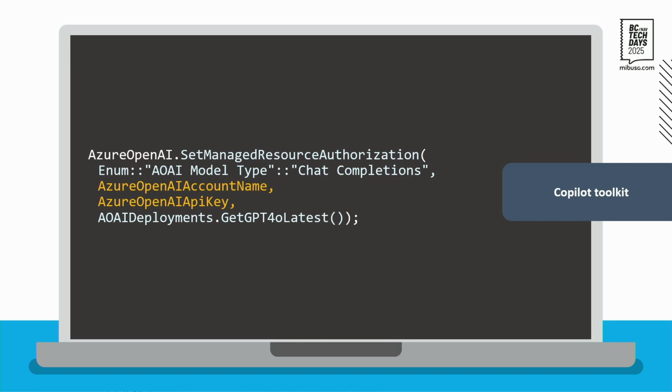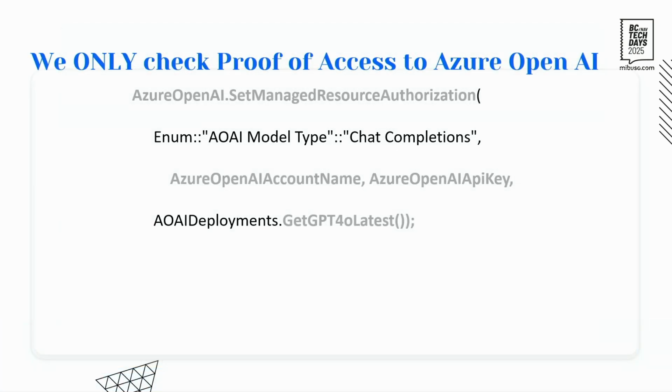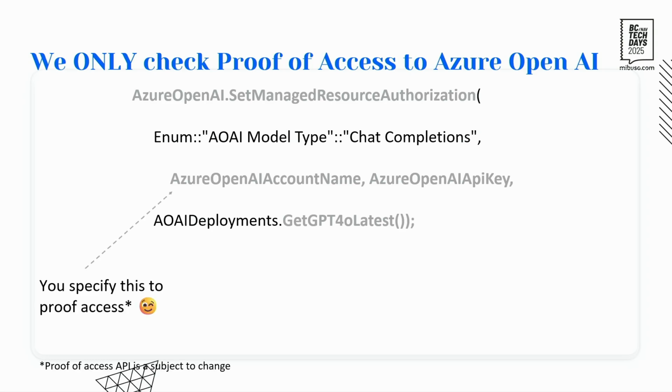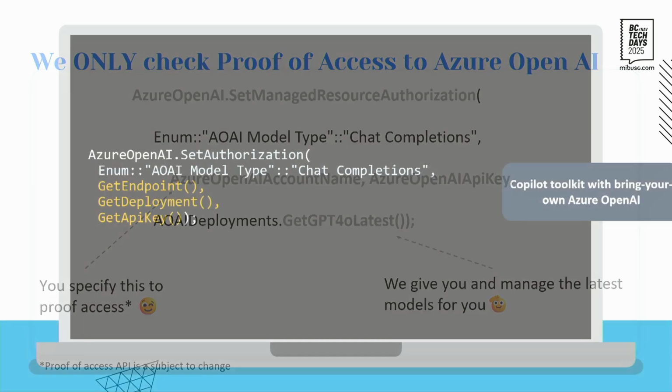That might seem a little strange when we're using our subscription for that, but it's only because we want a proof of access to Azure OpenAI, knowing that you have accepted the ULAs of using Azure OpenAI, etc. So we only use what you provide there to make sure that you are aware of those ULAs. We don't bill you or anything like that. We bill the customer directly, and then we give you your model.